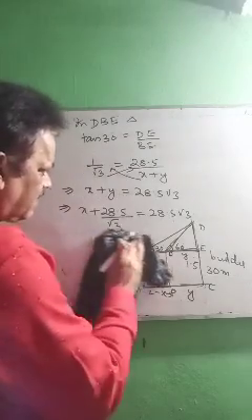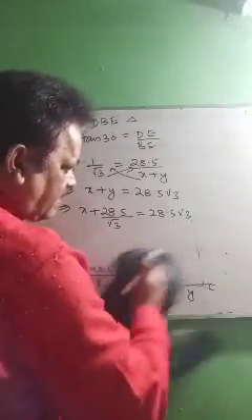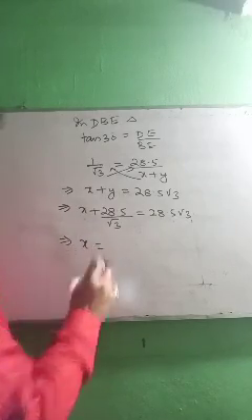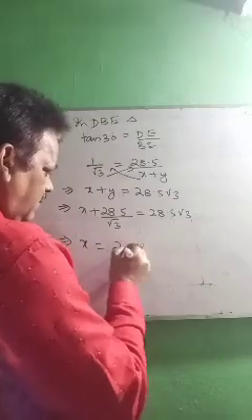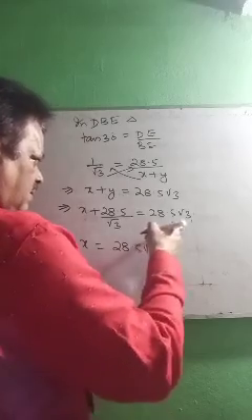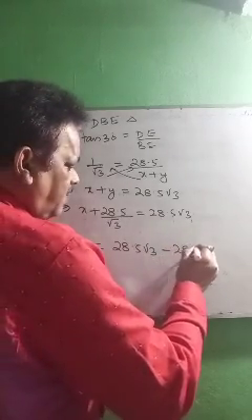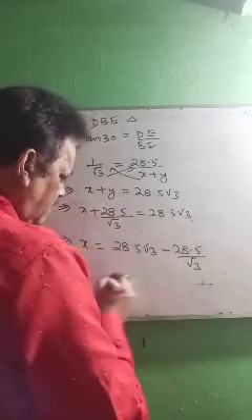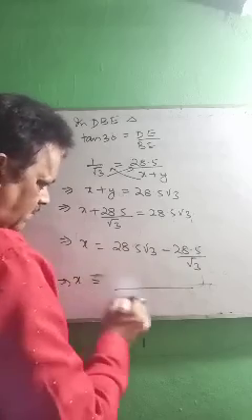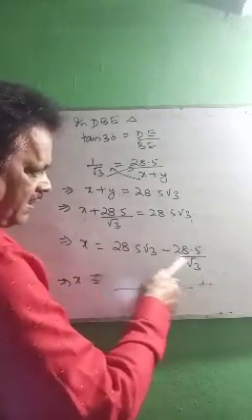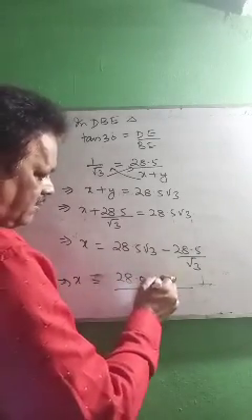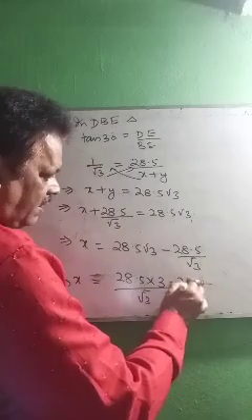Now you can simplify because you want to find X. X equals 28.5 root 3 minus 28.5 by root 3. So LCM is root 3. This root 3 will be multiplied here. 28.5 into root 3 into root 3, that is 3, minus 28.5.